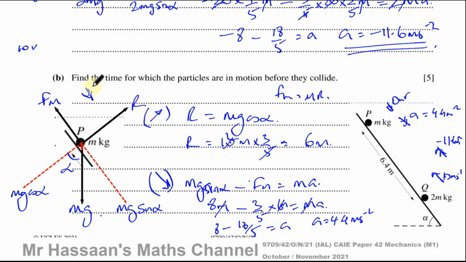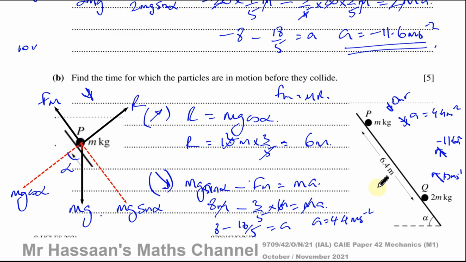And now we've got to find the time for which the particles are in motion before they collide. This is where we have to be careful, because it's not like when you throw something up in the air and the only force acting on it is gravity, with no air resistance. Here there is a resistance to motion by friction. For P, it's no problem.